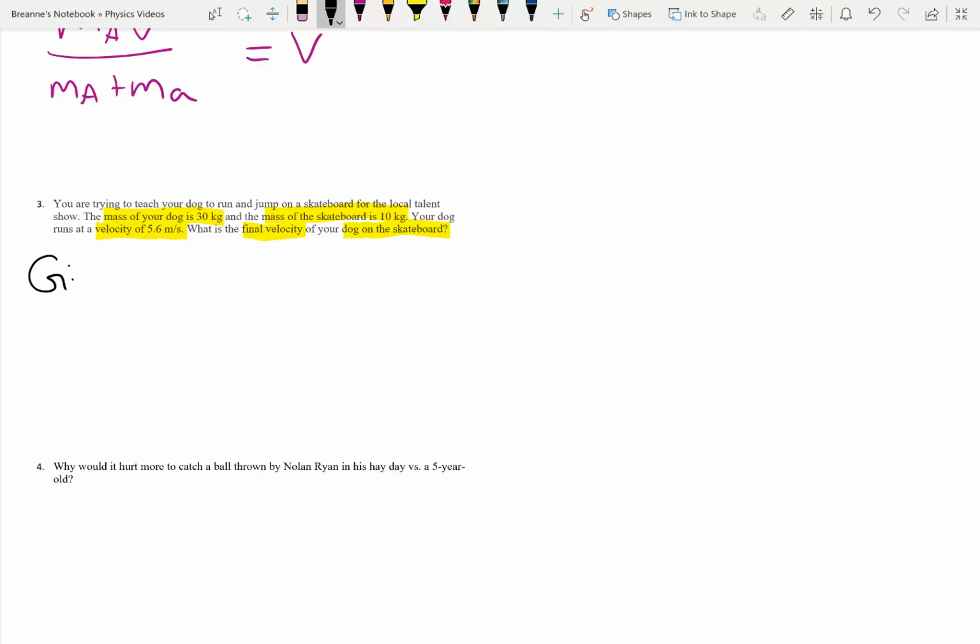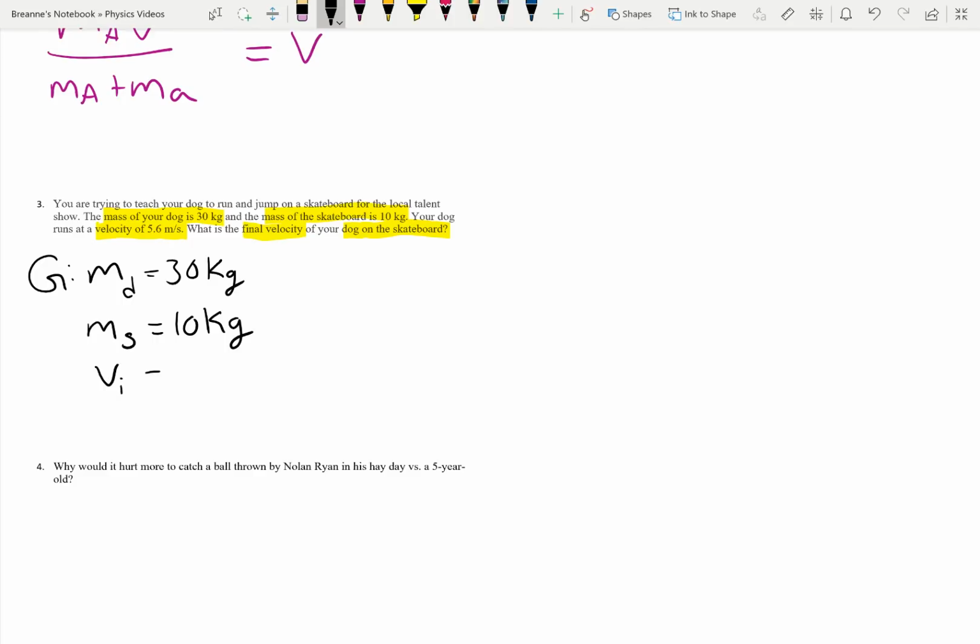So our givens, you have mass of your dog. So we can do MD equals 30 kilograms. Mass of skateboard, so we can go MS equals 10 kilograms. It says velocity of your dog. Now this is as it's running, so that'll be your initial velocity of the dog.